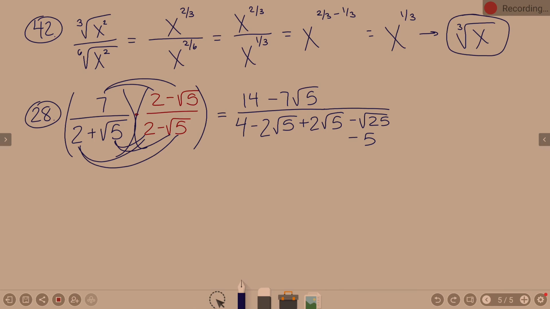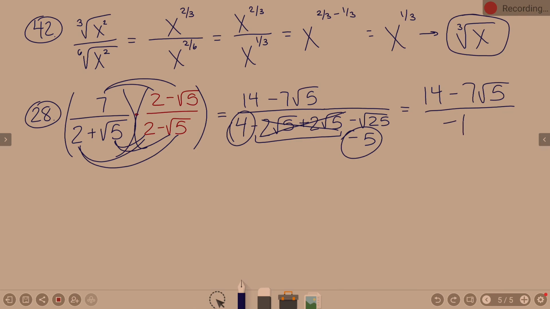The idea in the denominator is what happens. Middle guys cancel. I have 14 minus 7 square root of 5 over 4 minus 5, which is negative 1. And I bet I didn't leave it like this, did I? So I would say go one more step.